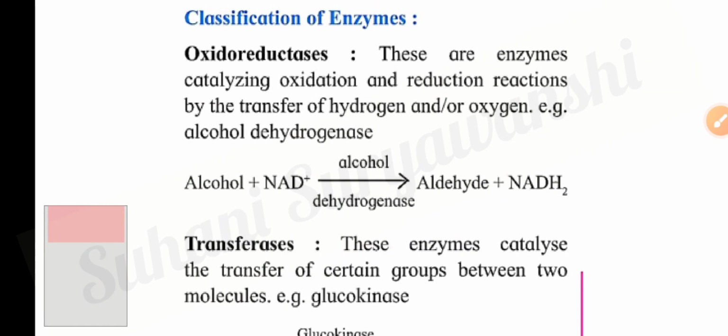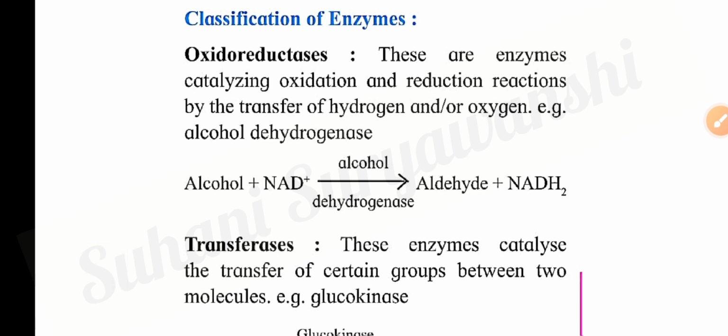So, classification of enzymes. Oxidoreductase. These are enzymes catalyzing oxidation and reduction reactions by the transfer of hydrogen and or oxygen. For example, alcohol dehydrogenase. Alcohol plus NAD plus in the presence of alcohol dehydrogenase will give aldehyde plus NADH2.